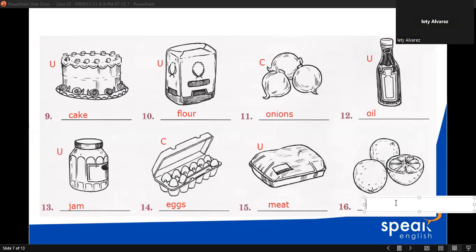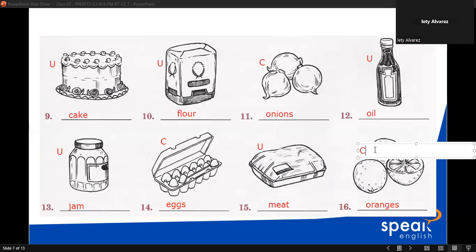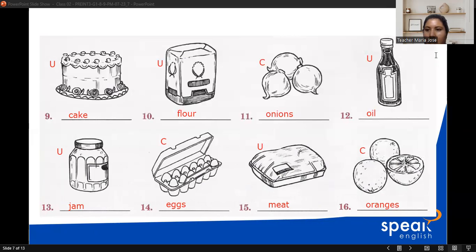Oranges. Okay. And they are countable. Perfect. Okay. So I'm just going to send you this again. Give me a second. Okay, you have the vocabulary in the chat, and we move along to the last part.